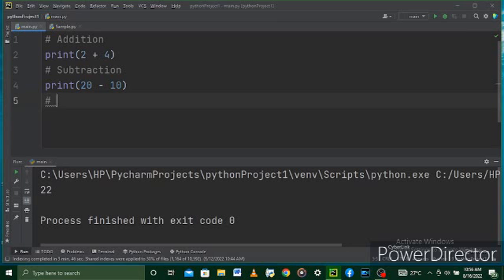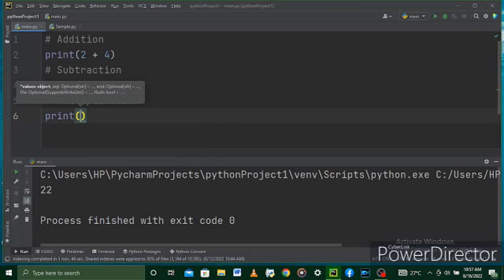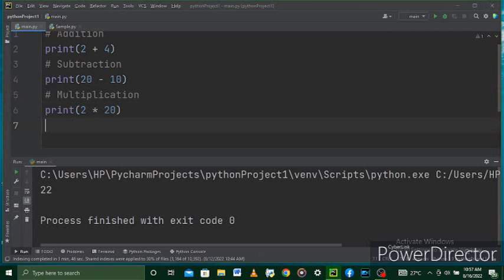Third one is multiplication. The fourth one is, let's say, division.